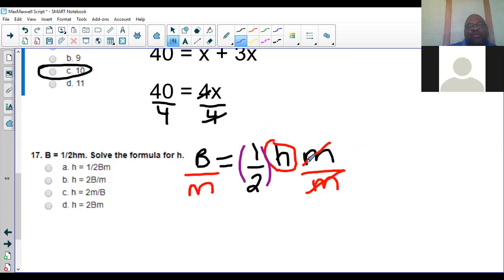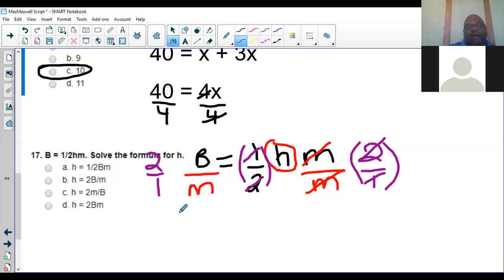Well, in this case, we just need to know that when we have a fraction and we divide, we just have to take the inverse. So the numerator and the denominator switch positions. That way, 2 cancels out with 2, and the 1 cancels out with 1. All right? So in this case, I have 2 over 1.